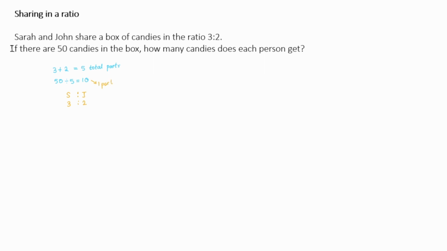So to find how much Sarah got, we have to multiply our 1 part by 3, so we're going to do 3 times 10. And in order to find how much John got, we are going to do 2 times 10, which gives us 30 to 20. So Sarah therefore got 30 candies and John got 20 candies.